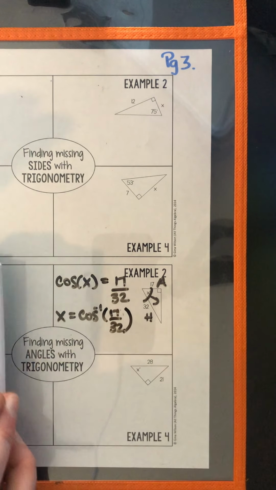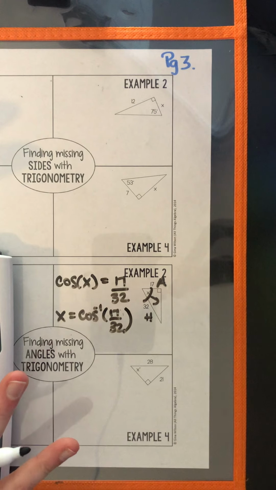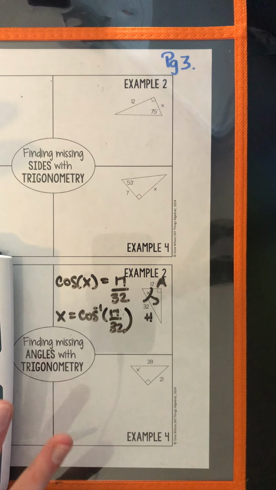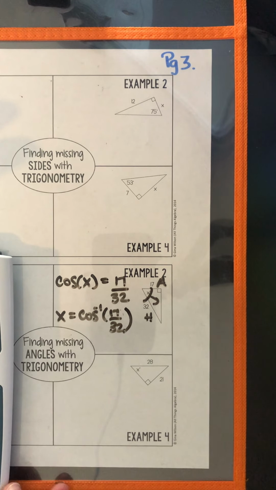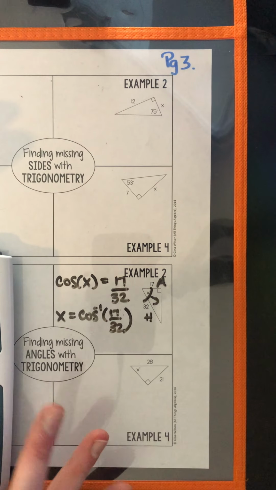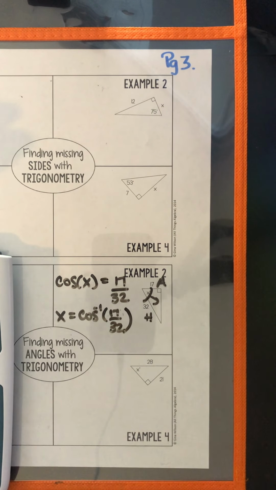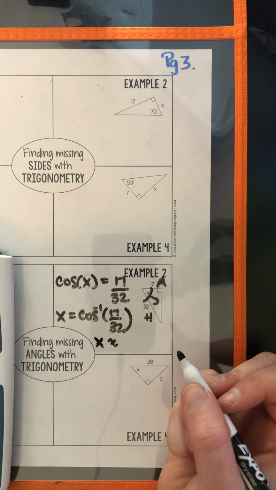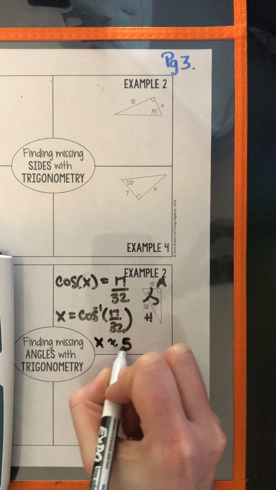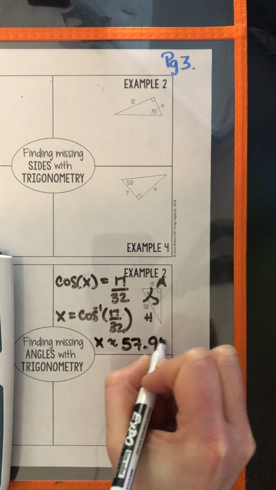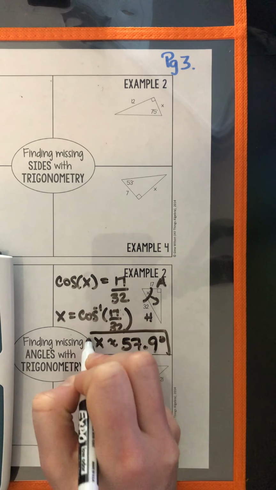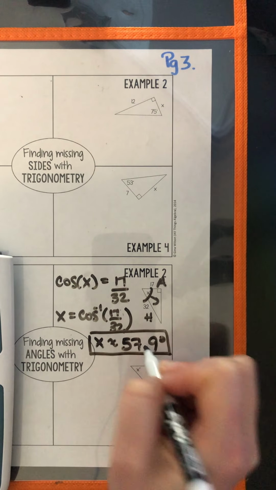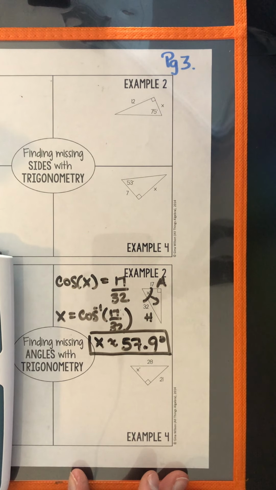When I put that in the calculator, second cosine, so it's cosine inverse, 17 divided by 32. So our angle is about, well, we'll be specific, 57.9 degrees. We'll round to the tenths place, because after the 9 is a 1, so it stays 57.9, not 58.